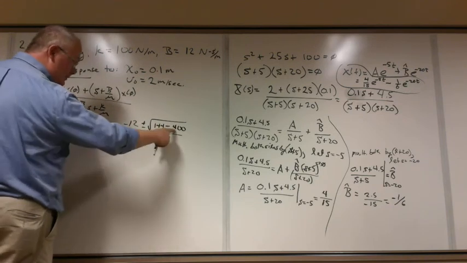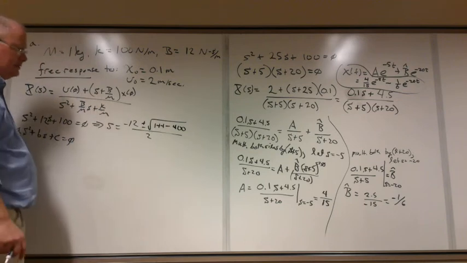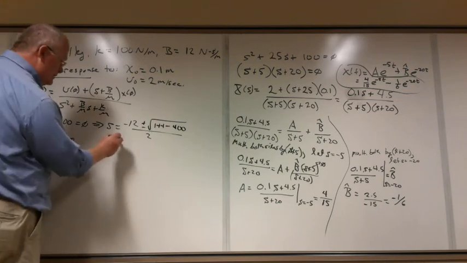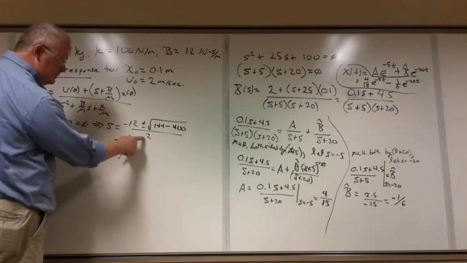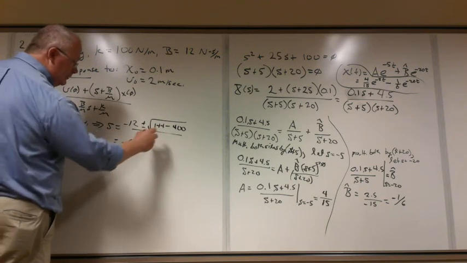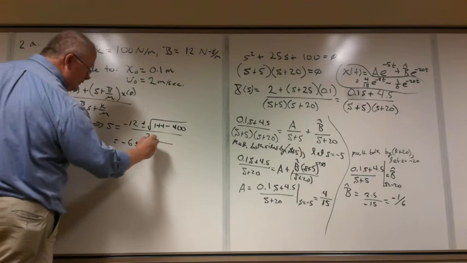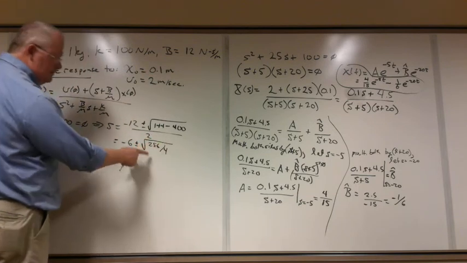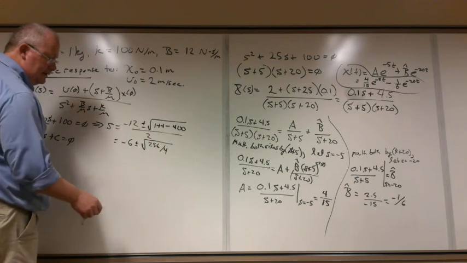All right, so 144 minus 400 is going to give us minus 256. So this is equal to minus 12 over 2 is minus 6, plus or minus, let's bring the 2 inside the radical, so we'll have 256 divided by 4, because when the 2 goes in, of course, it gets squared, okay?